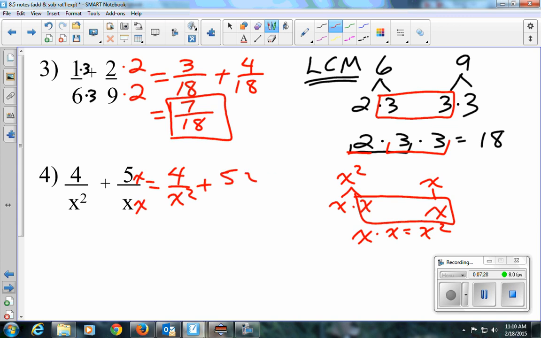So I get 5x over x squared. Now I have a common denominator of x squared. I add my numerator, so I have 5x plus 4 over x squared. Doesn't simplify, we're good to go. Questions? Good to go. Okay, so now we get to do the interesting.